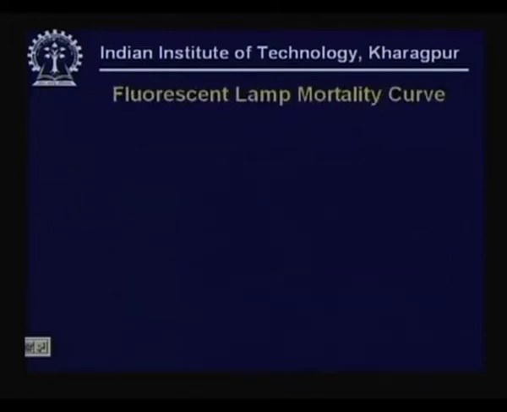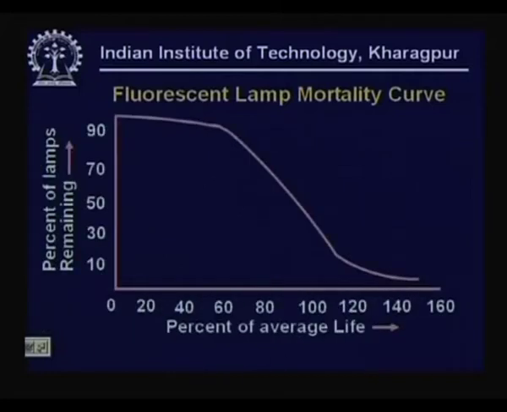The other issue which comes is how many of them really last. As you can see, 80% average life is maintained by close to about 75 to 80% of the initial units that are developed.